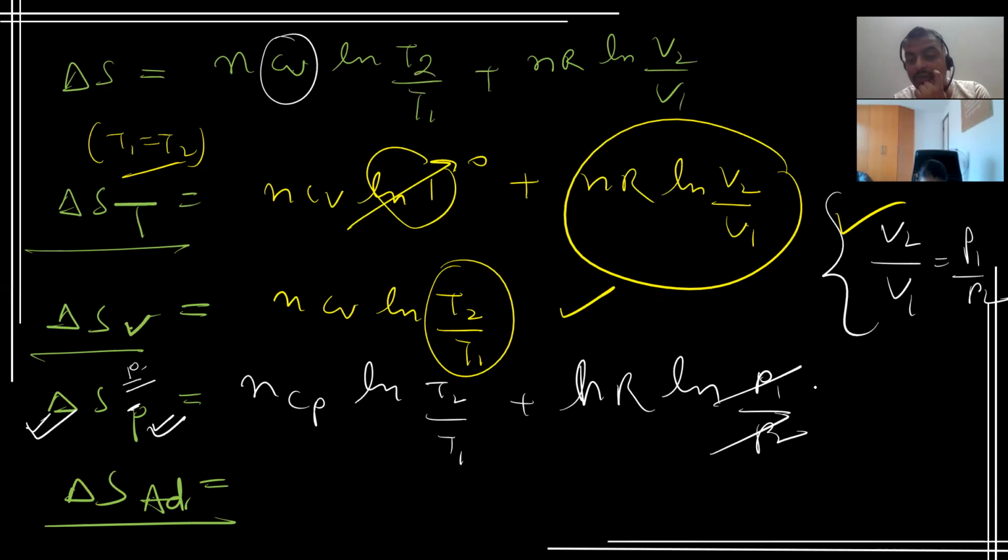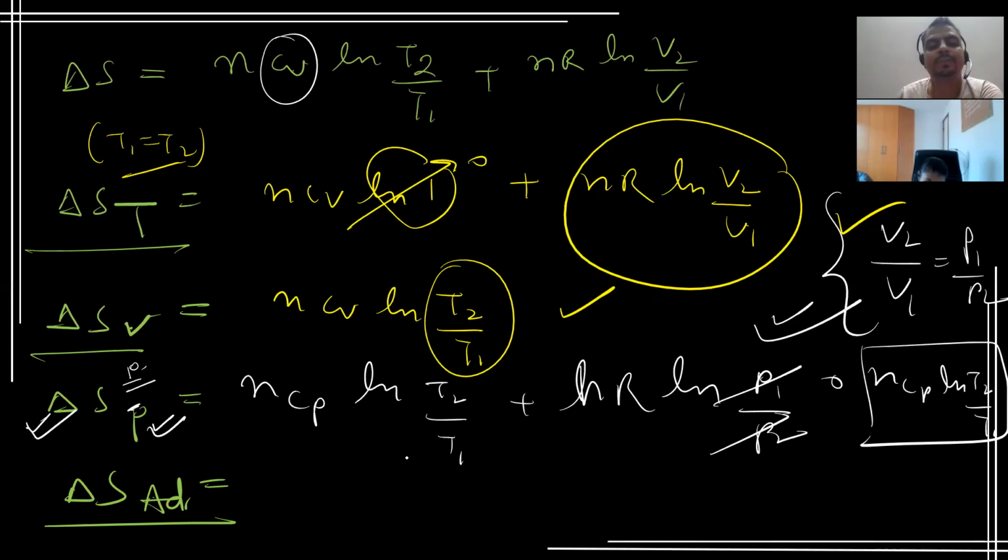It is constant, so it will become 0. So the formula will be nCp ln T2/T1. Okay?